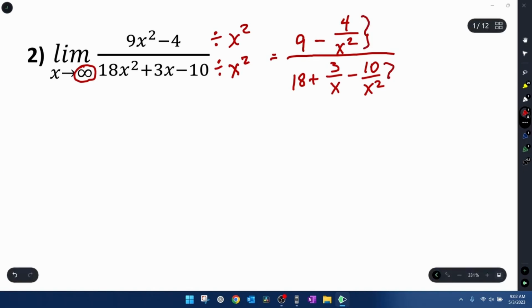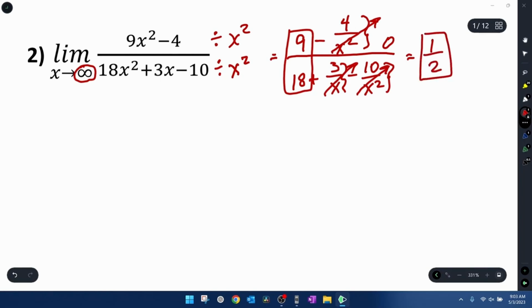Well, a fraction itself gets infinitely small if the denominator gets infinitely large but the numerator doesn't change. So all three of these fractions are effectively going to go to 0, which will leave us only the 9/18. And so we can say that this answer is going to be a half. And that's it for problem number 2.